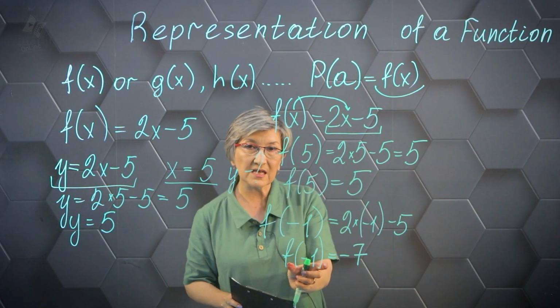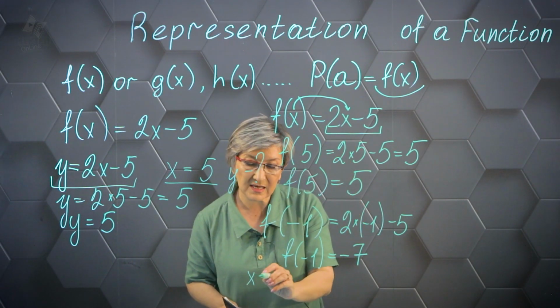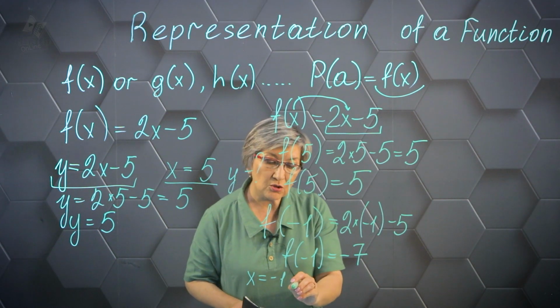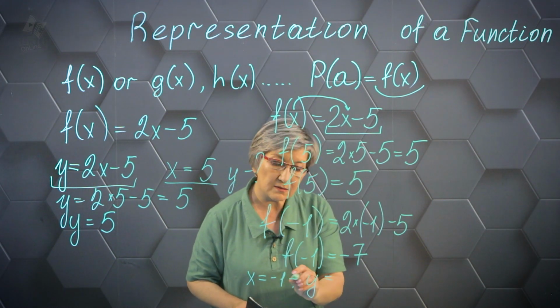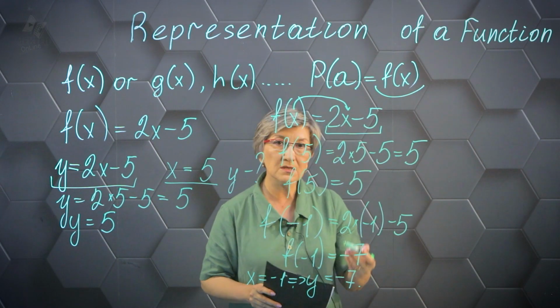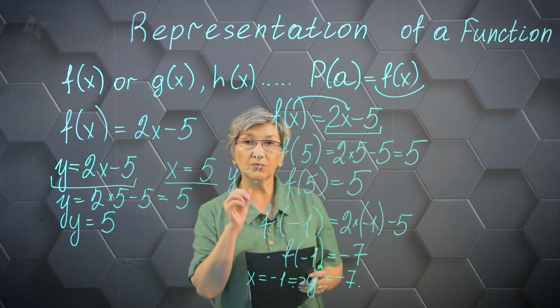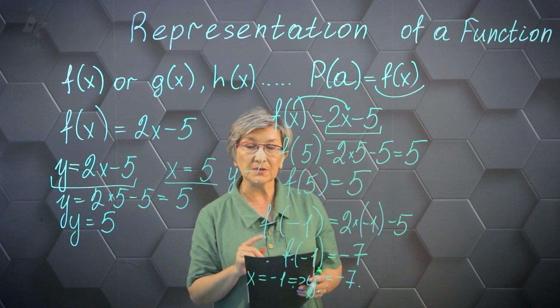Thus, this notation denotes in our relationship, if x equals minus 1, then y equals minus 7. You can use such records when you work with functional dependence.